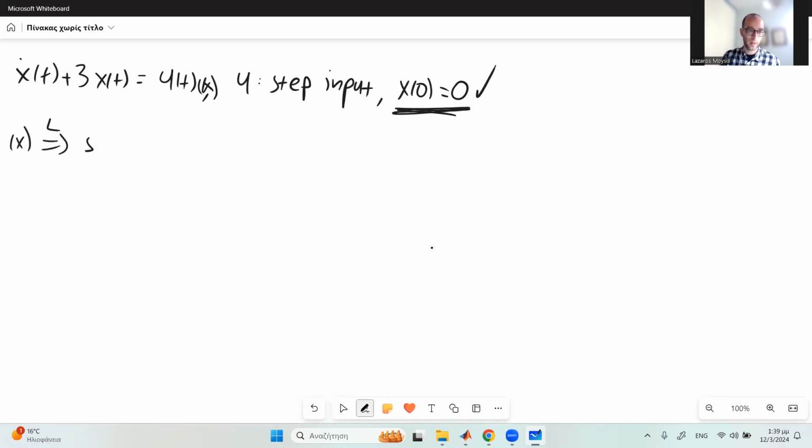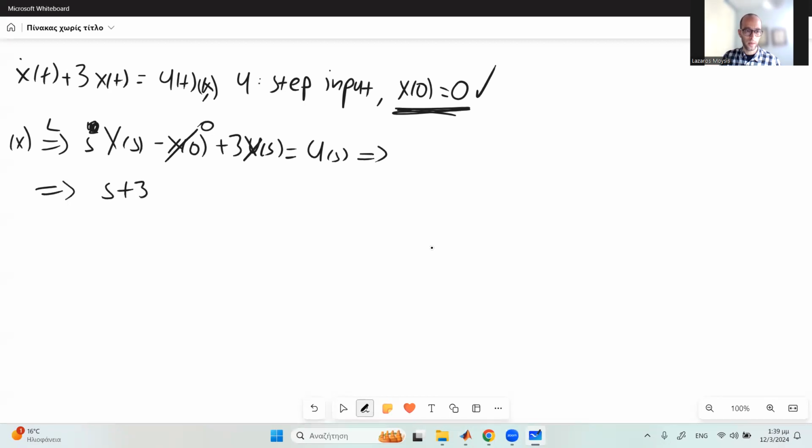So let's begin. We have s times x of s minus x0 plus 3 times x of s equals u of s. Nice. This, of course, is 0. So let's factor all the terms together. s plus 3 times x of s equals u of s.